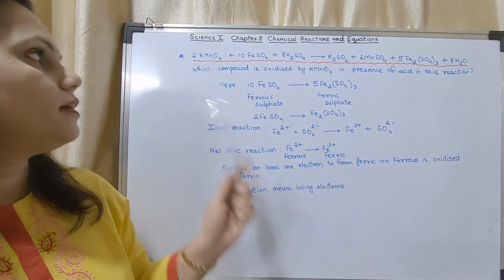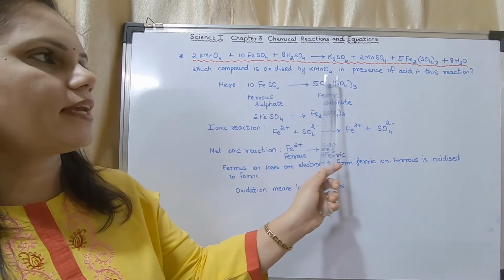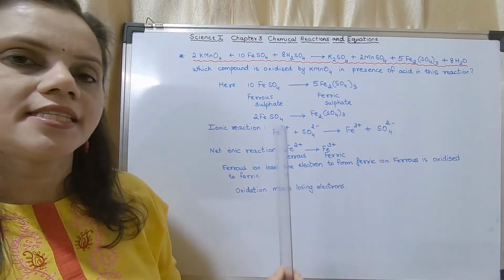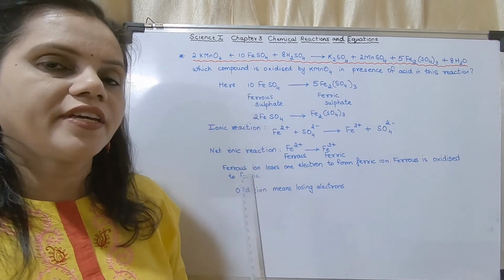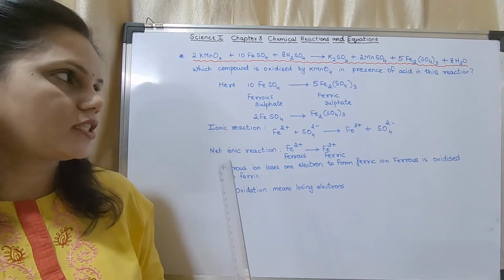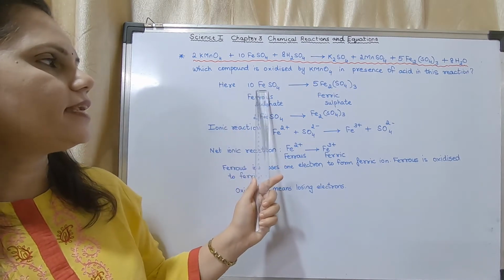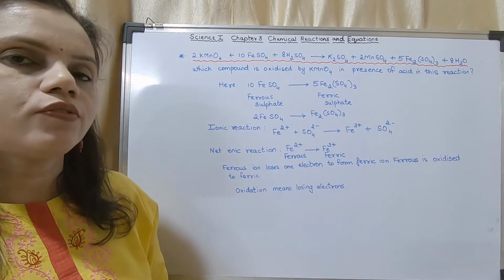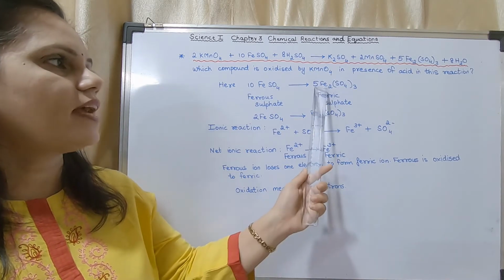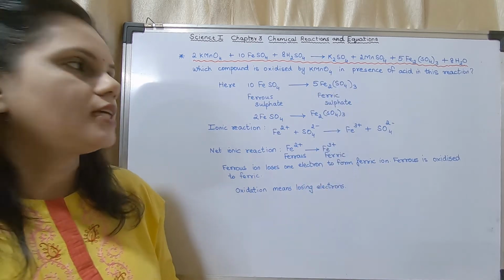How we will see. Which compound is oxidized by KMnO4 in presence of acid in this reaction? It is 10FeSO4. So FeSO4 is going to get oxidized. We will see here 10FeSO4 is giving 5Fe2(SO4)3.